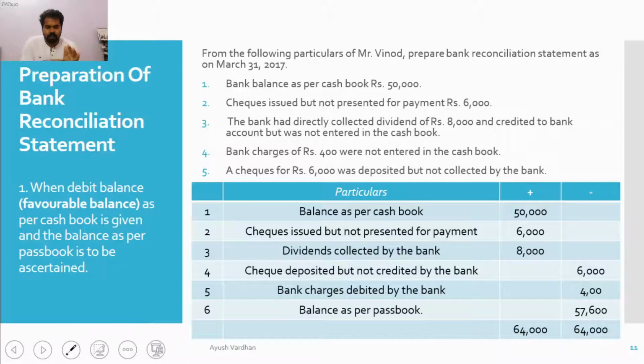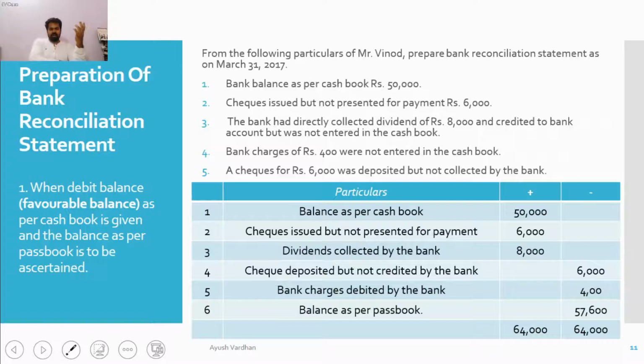So there is no entry in the passbook of that 6,000 rupees. But we make an immediate entry of that 6,000 in our cash book. So a check has been deposited, but when does the bank make that entry in the passbook? Once that check is cleared.